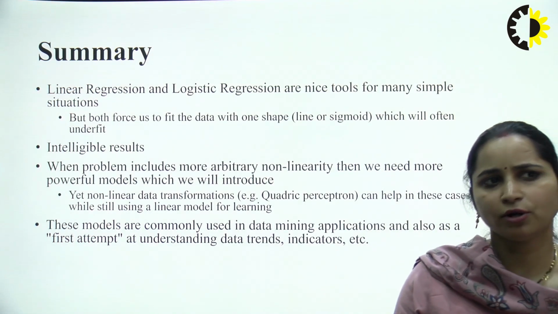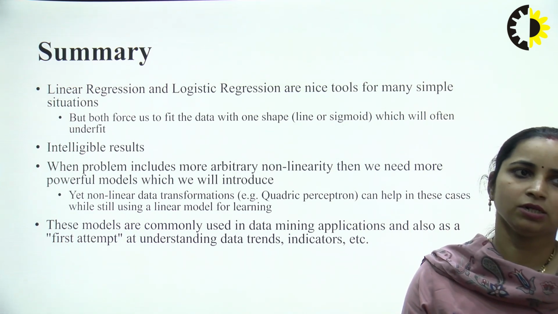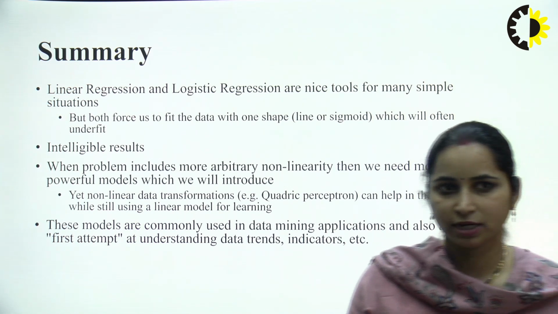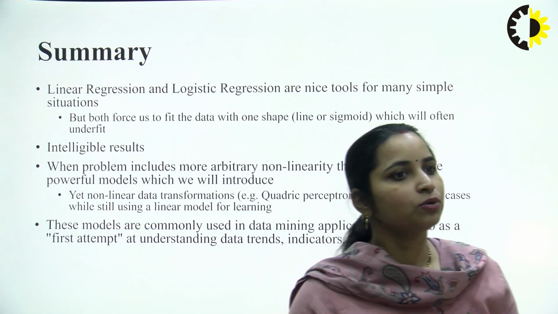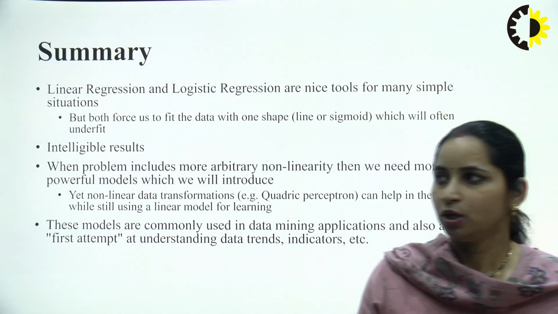Non-linear data transformation can help in these cases while still using the linear model for learning. These models are commonly used in data mining applications, and also as a first attempt at understanding data trends and indicators. So this was today's lecture about regression.